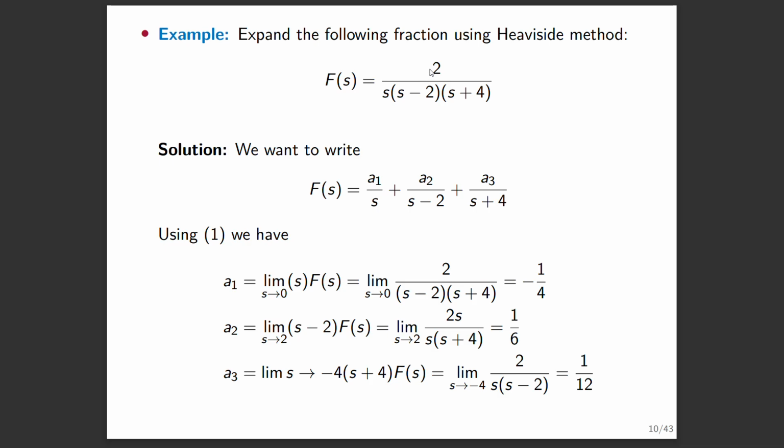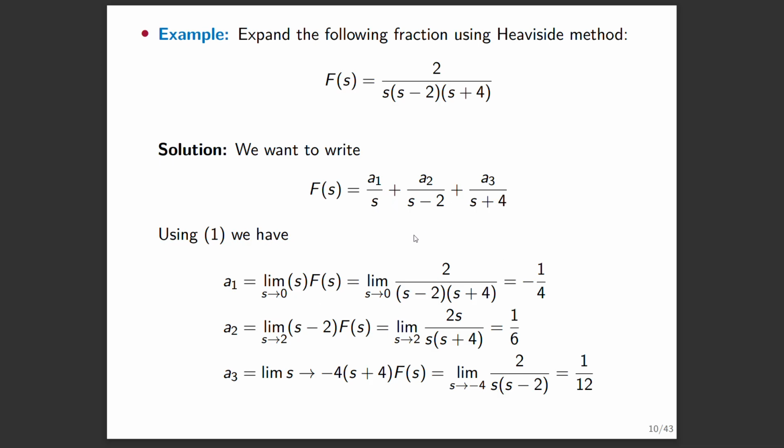I get 2 divided by 0 minus 2 times 0 plus 4, so 2 divided by negative 2 times 4, which is negative 8. What remains is 2 divided by negative 8, or negative 1 over 4. That's what I get if I do the math of this limit. This formula is exactly doing this.